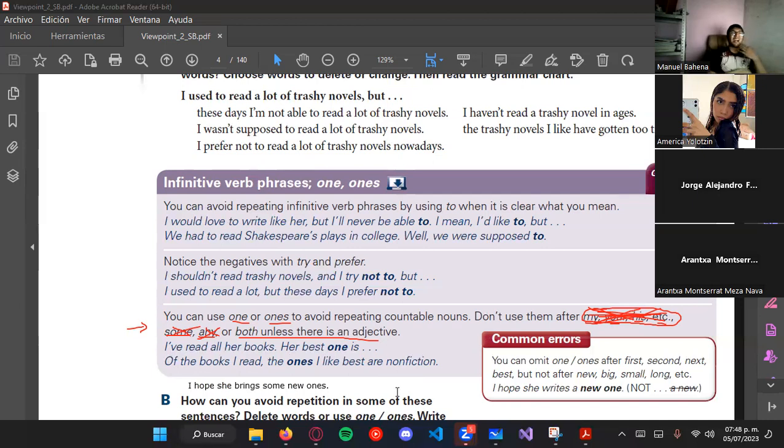For example, I don't have any, no sé, like any notebooks. No tengo ninguna libreta. No hay libretas. I hope she brings some new ones. Espero que ella traiga unas nuevas. Right? That's how we use some and ones. Así es la única forma en la que los podemos utilizar.